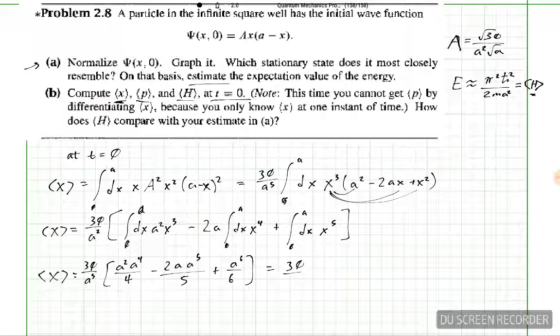Because over here, my normalization constant has units of 1 over meters to the fifth, and all of these have units of meters to the 6.